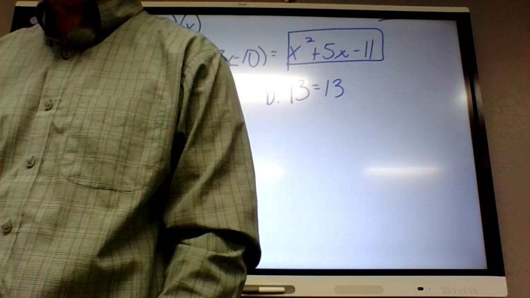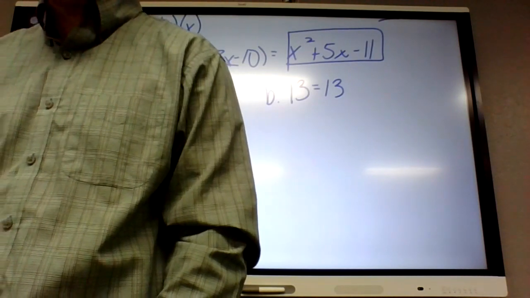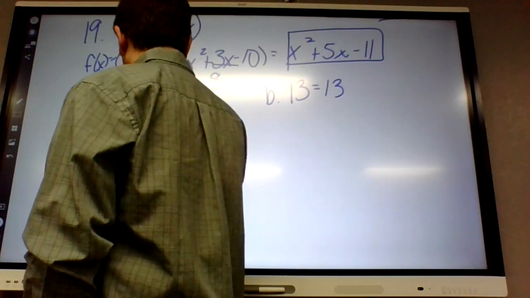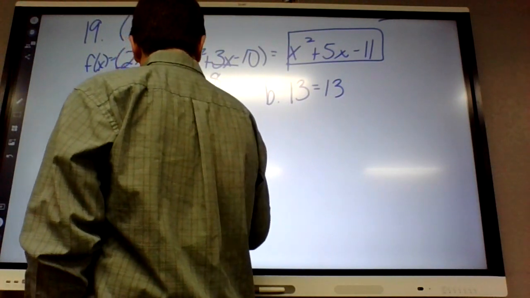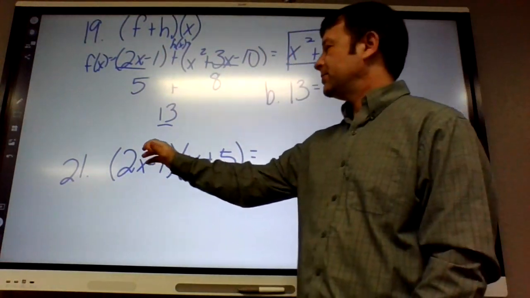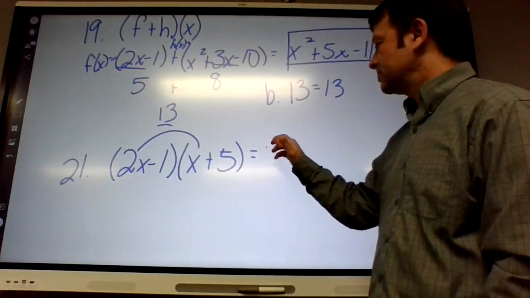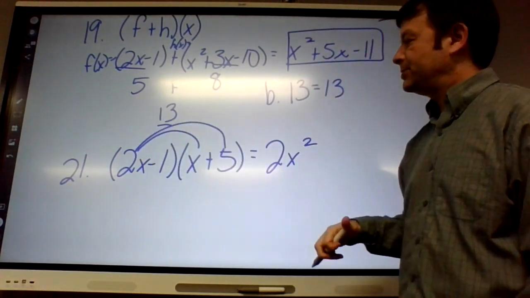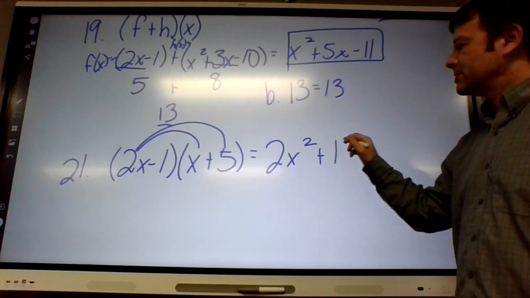F times g of x. So 2x minus 1, x plus 5. So it's another FOIL problem. So first, outside, 2x times 5.